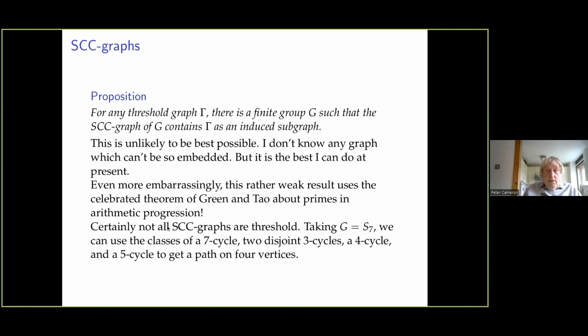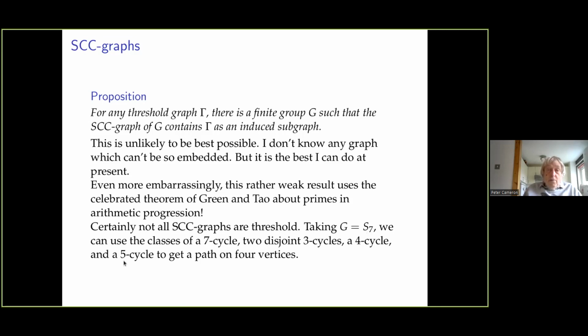But before I do, let's just observe that this theorem is certainly not best possible. If you take the group S7 and take the following conjugacy classes: a 7 cycle, 2 disjoint 3 cycles, a 4 cycle, and a 5 cycle.